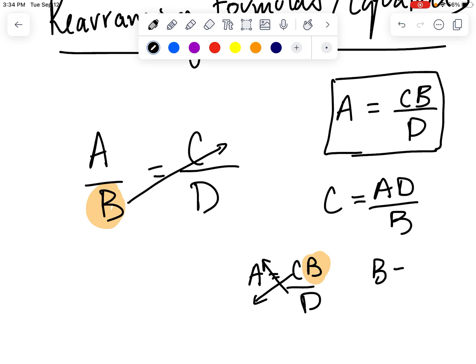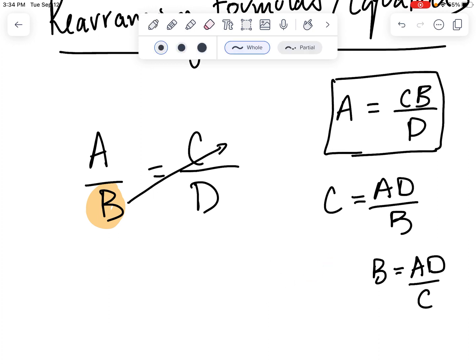So my b equals a times d over c. I just made sure that I got the b out of the denominator, and then I isolated it. So I'll do that one more time with this kind of an equation.